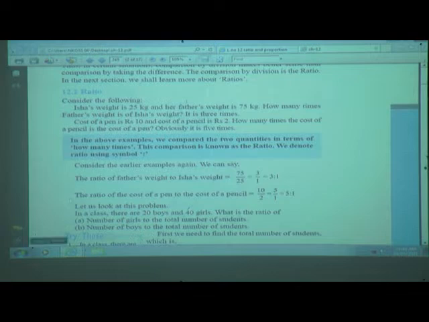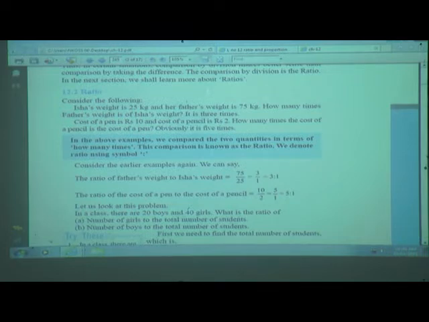The ratio of the cost of a pen to the cost of a pencil is equal to, first we have taken pen, so 10 divided by 2. We get 2 ones are 2, 2 fives are 10. So 5 by 1 is equal to 5:1. So obviously how many times? 5 times.